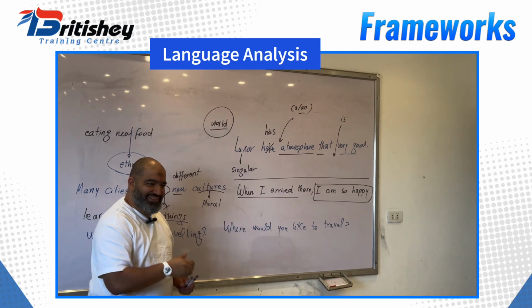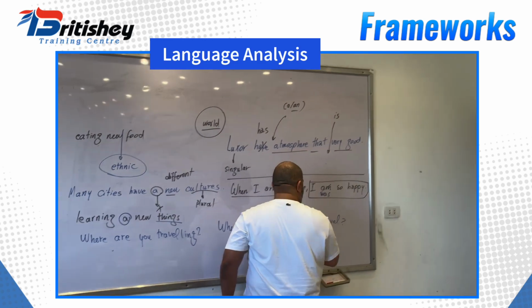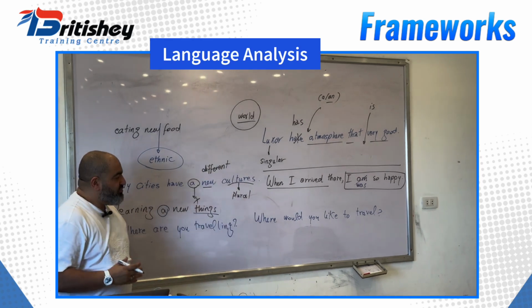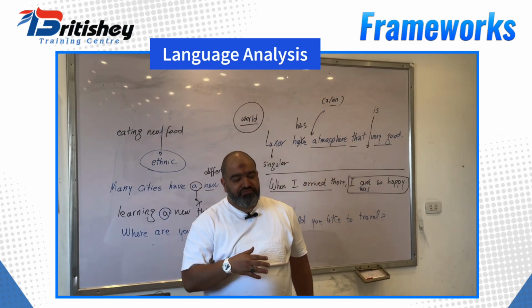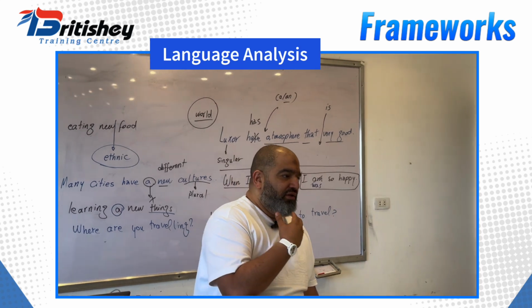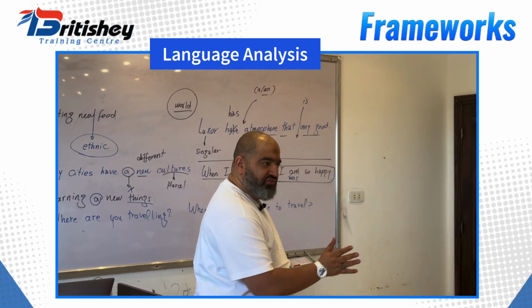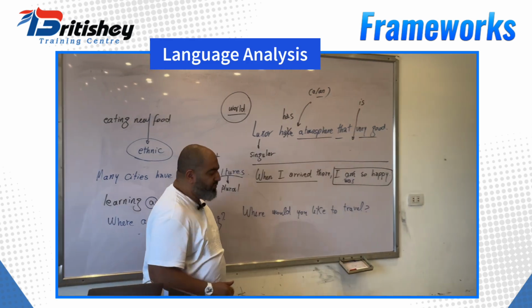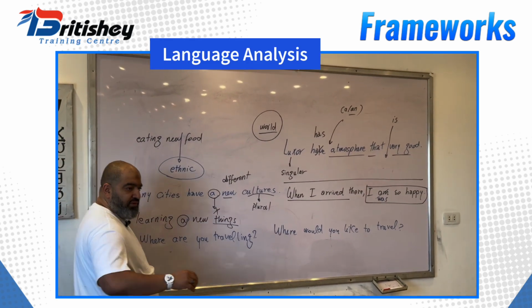Excellent. Yes. Very good. Good, both of you. So when I arrived there, I was so happy, because usually when you speak about something in the past, you need to keep things in the past. Okay? Good. Let's continue.